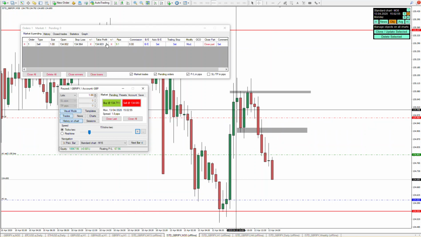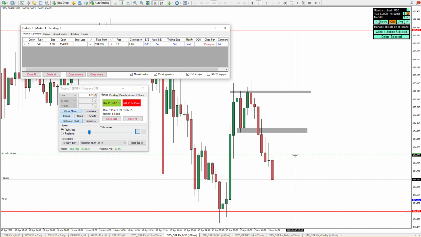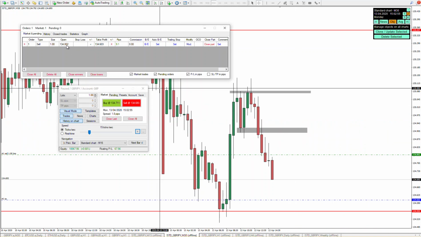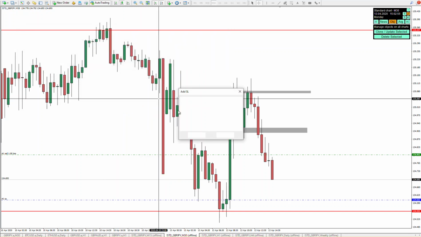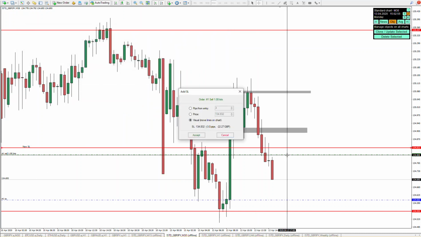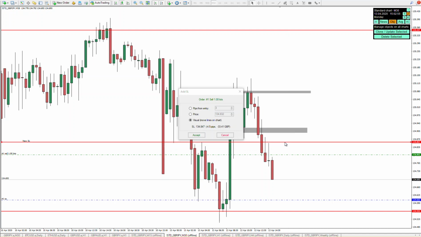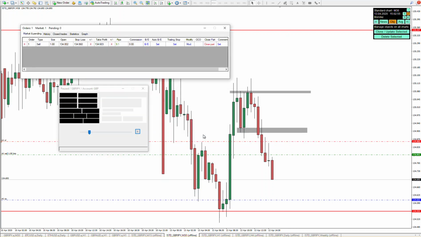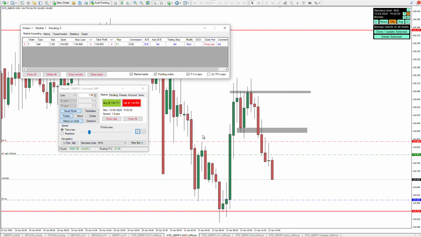Should move my stop to like above there. Let's pick a stop. Okay, weird. Let me see if I can grab like 11 pips.